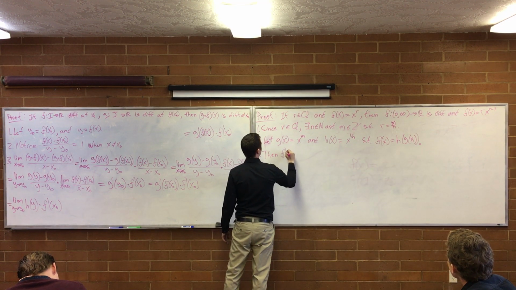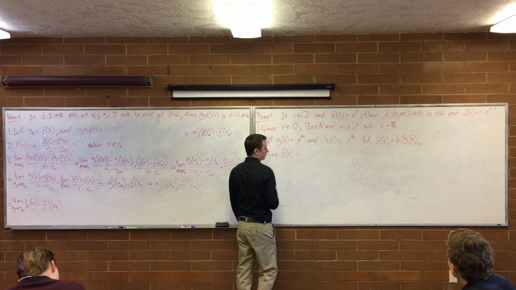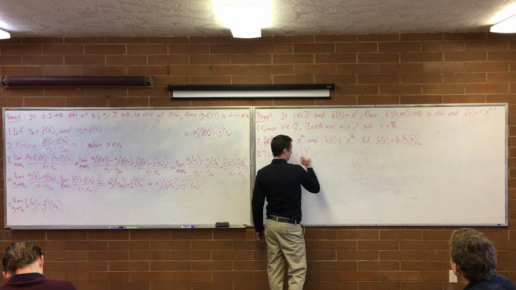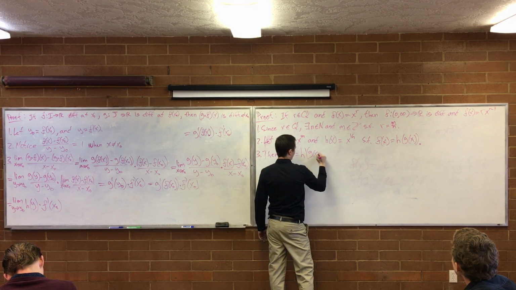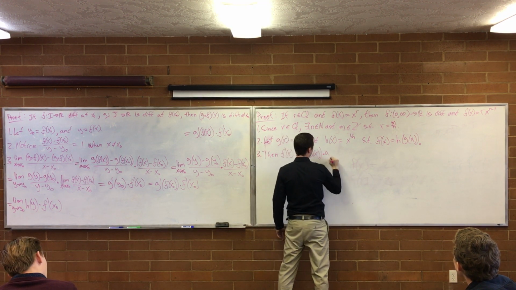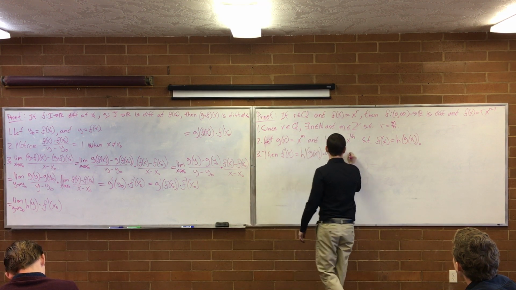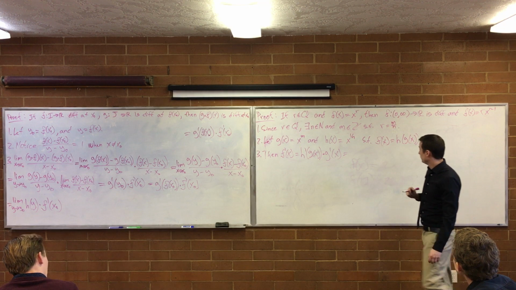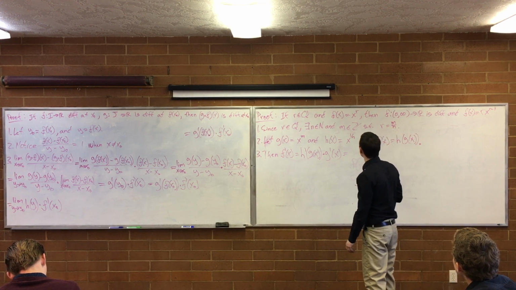Then f prime of x is equal to our chain rule: h prime of g of x times g prime of x, right? Now just substitute what we know those are. What's h prime?